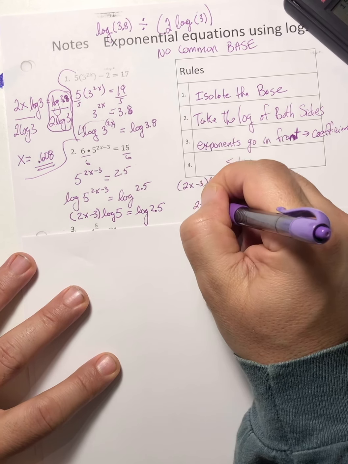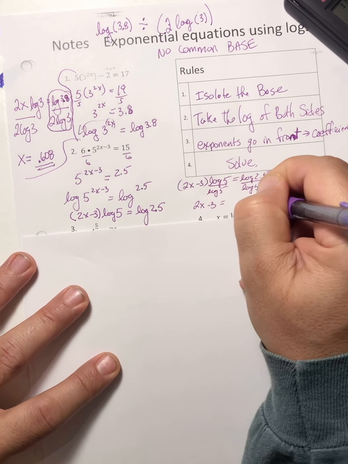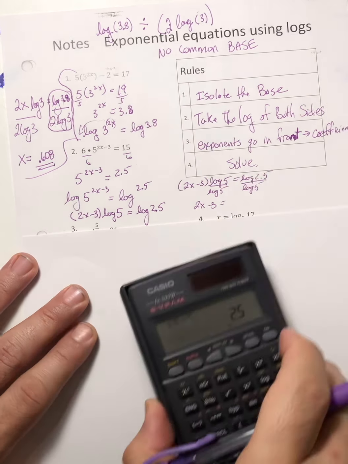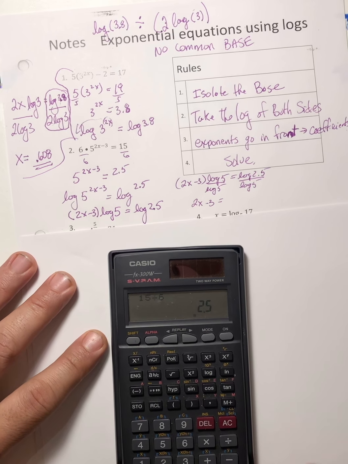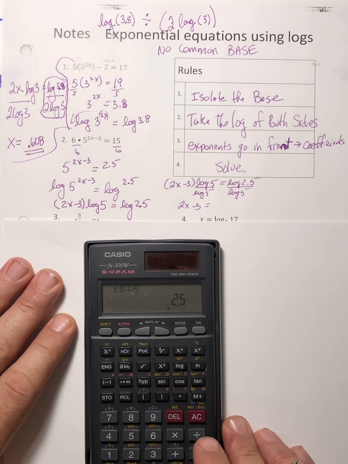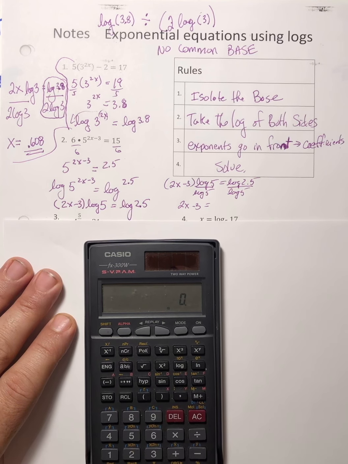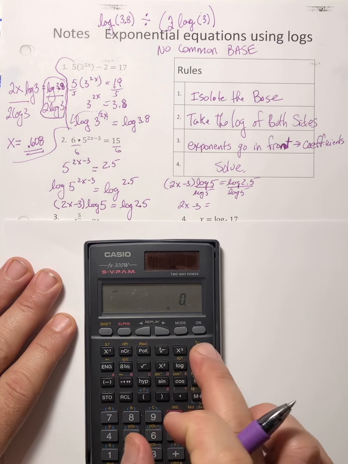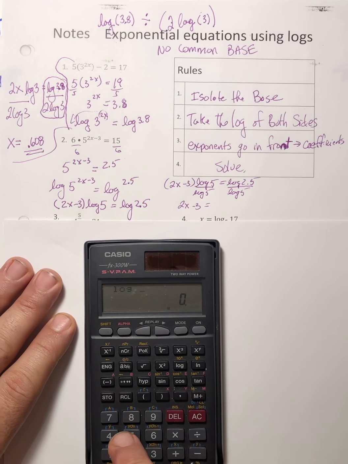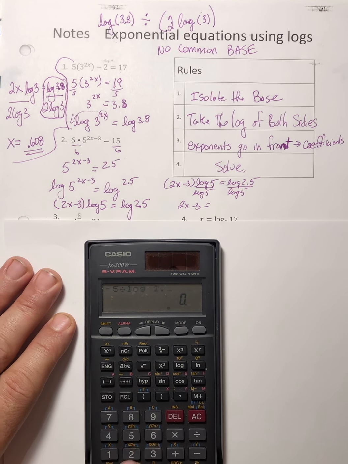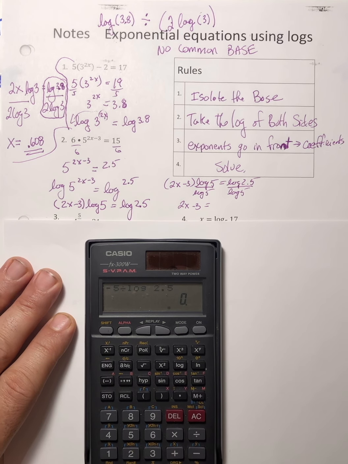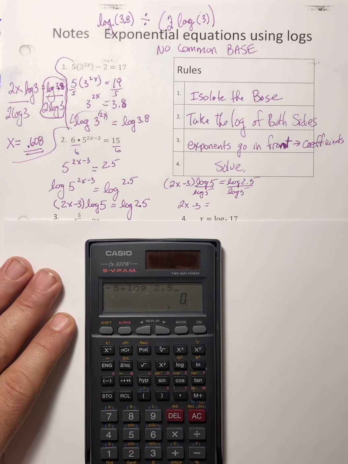So then I'm going to have 2x minus 3 equals whatever this gobbledygook decimal is. And then everything else you should be able to do in your calculator. You guys have the ability to do that. So log 5 divided by log of 2.5. Remember, for those with the graphing calculator, you got to be cognizant of your parentheses.